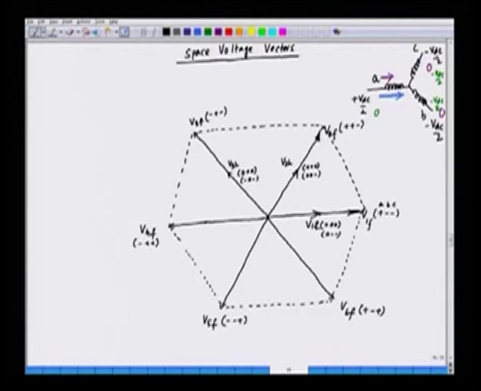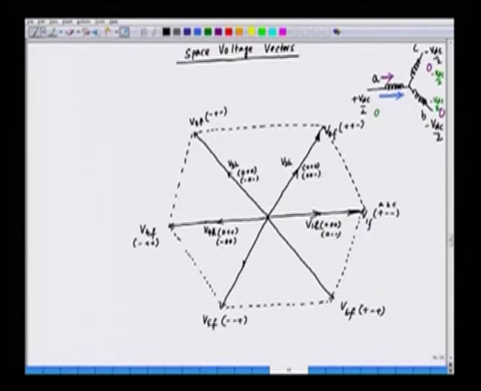And we can have V4H, V4H is somewhere here, half of V4F. So, it is V4H, the half voltage vector, and that can be obtained by applying 0 plus plus, or we can have minus 0 0.